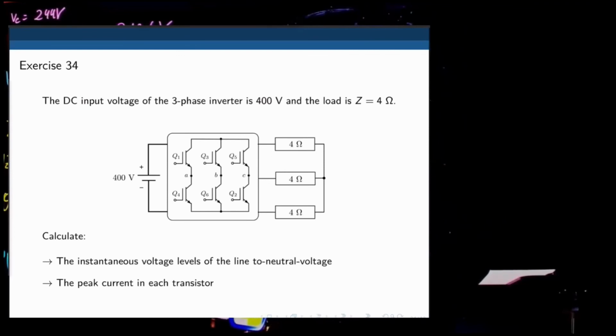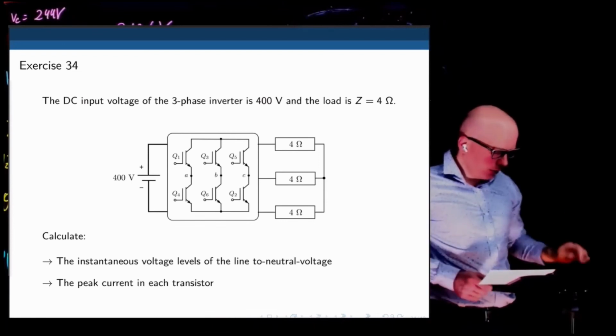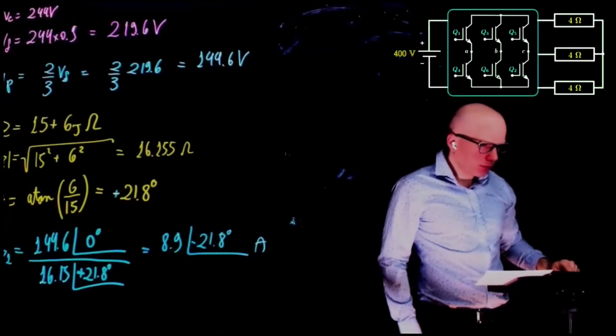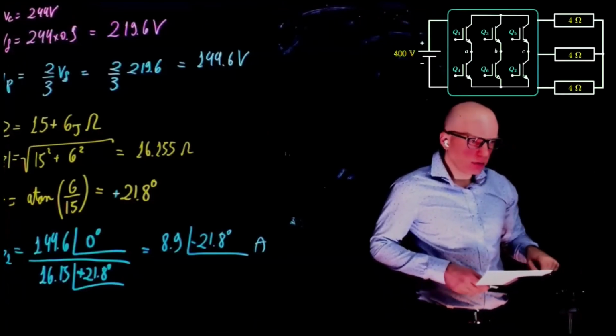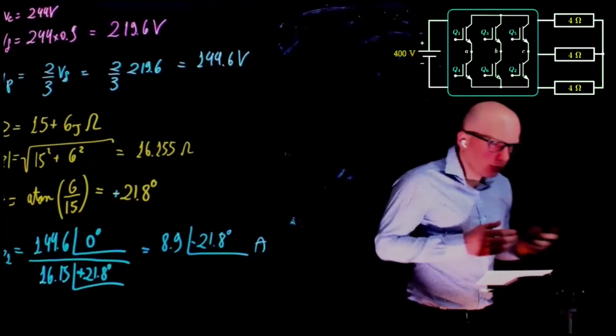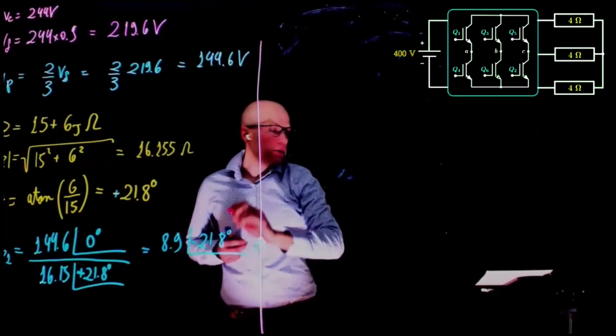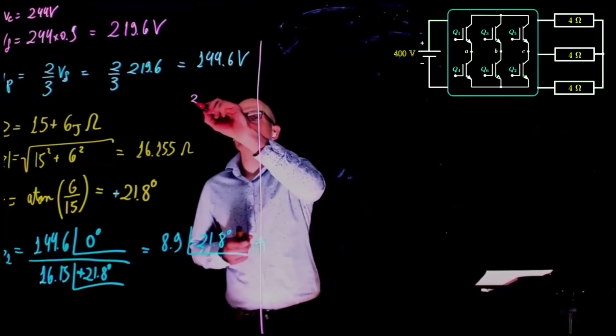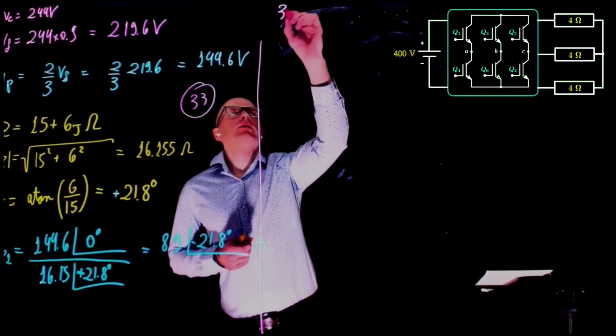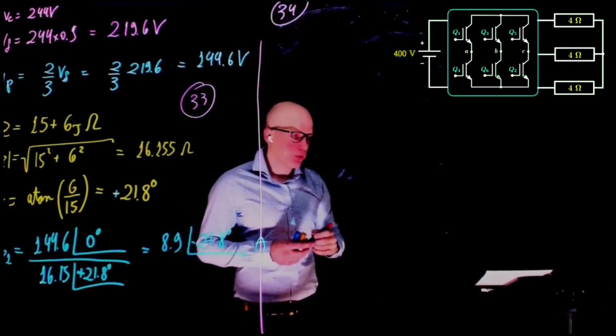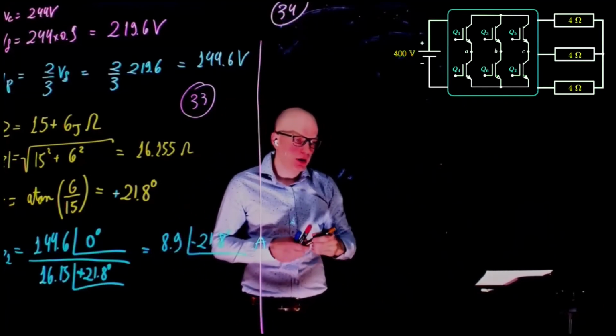It's simply the current flowing through the load. Right? And the maximum current flowing through the load is the maximum voltage divided by the impedance. Let me do that quickly here. So for this second part, this is 33, this is 34. For 34, it's a very simple exercise.